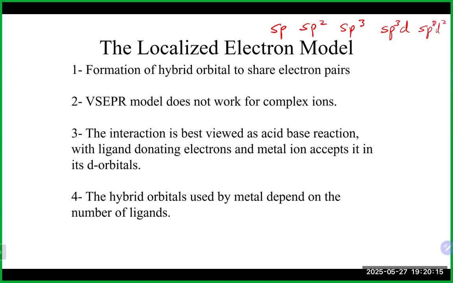The hybrid orbitals are related to the electron pair geometry in traditional VSEPR. Two is linear, right? Three is three electron pairs, like trigonal planar. Four is tetrahedral. Five is trigonal bipyramidal and six is octahedral.